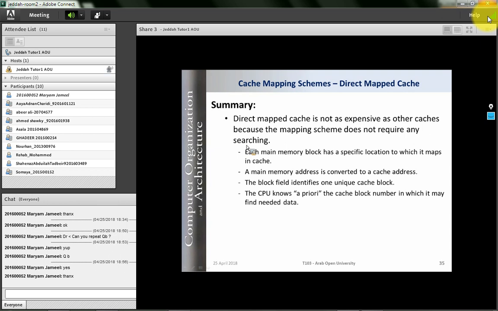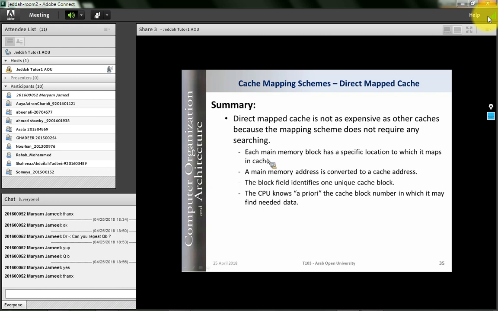The relation between the address in the cache memory and the address in the main memory is a modular relation, so y equals x mod n. That means if the microprocessor needs a value at address 25, it knows that this address can be in the cache memory at address 5. So there is no need to search for it. It can go directly to this block.